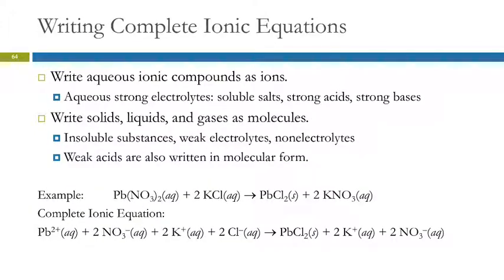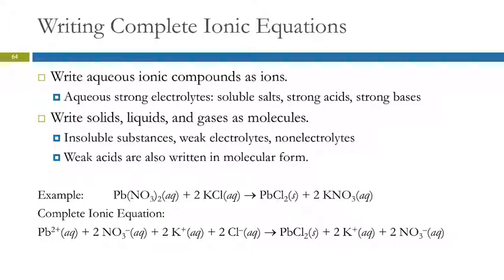So how do we write a complete ionic equation? Well, any aqueous ionic compounds we're going to write as ions. Pretty much anything that has AQ in it and is ionic, you're going to write as individual ions. The one exception that we should watch out for are the weak acids.